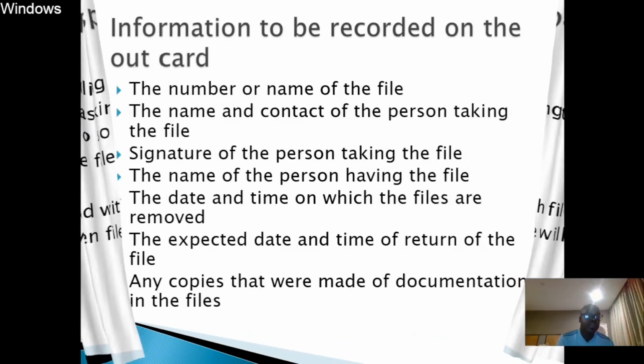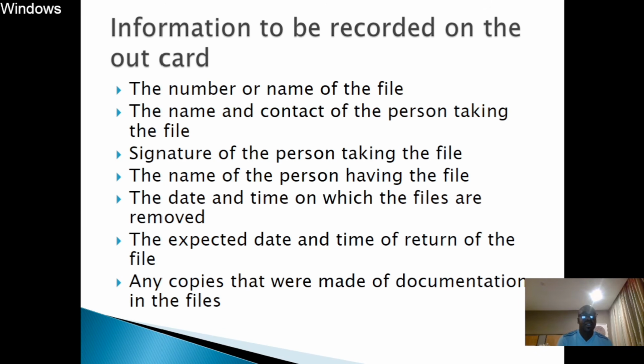Then we will have to look at how information can be recorded on an outcard. So when someone takes a file from the filing cabinet, we need to put an outcard to show that there was a file there and that file has been taken out. So what must be written on the outcard?